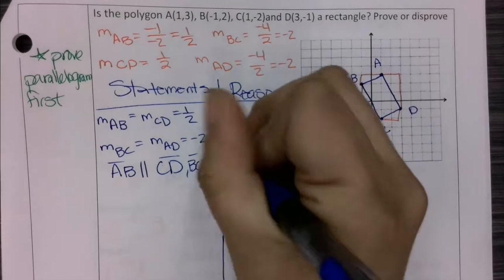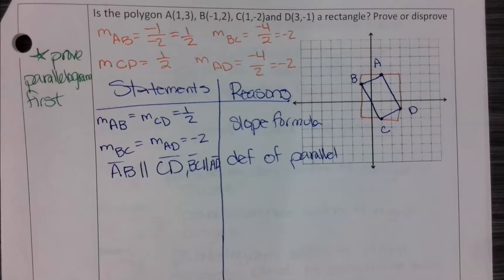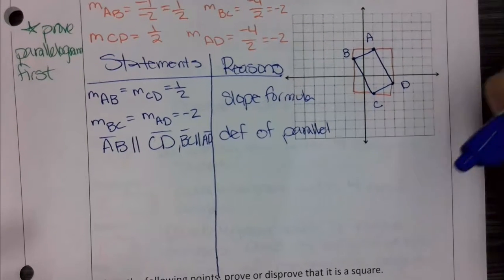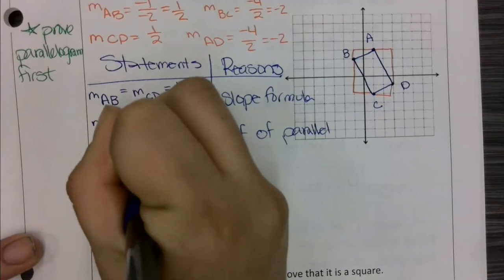Definition of parallel, because they have the same slope. Okay, then I can say it's a parallelogram because now I have two sets of parallel sides.